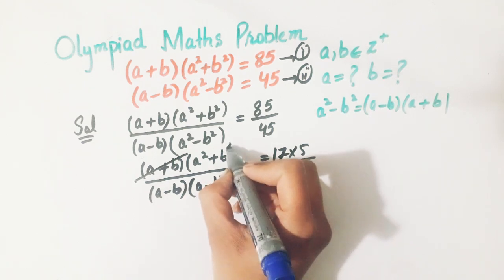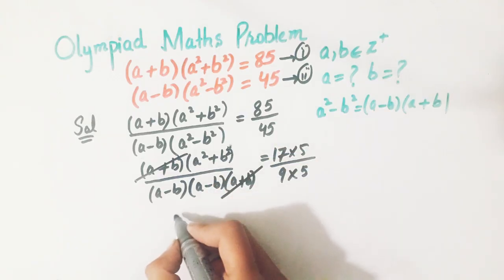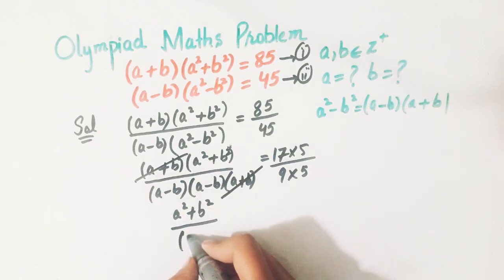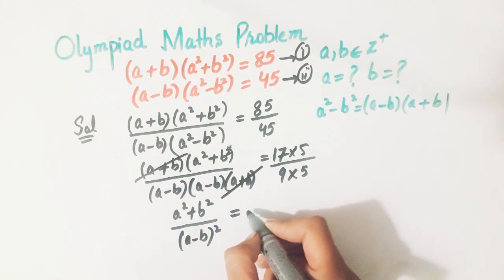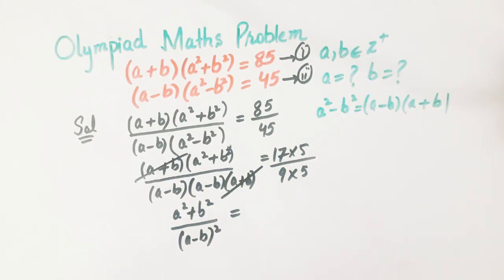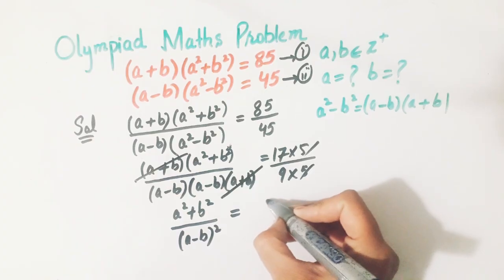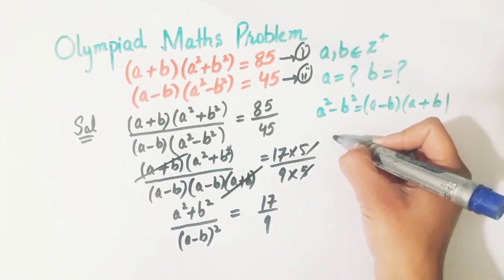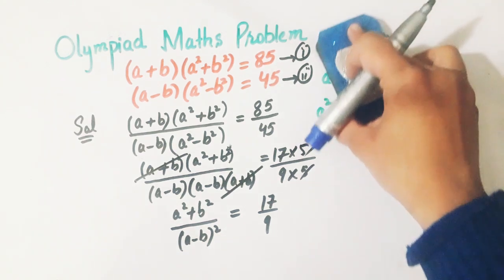So we get (a square plus b square) divided by (a minus b) whole square equals, in this step both 5 and 5 are cancelled out, 17 by 9. Now we will solve this further and do the cross multiplication.